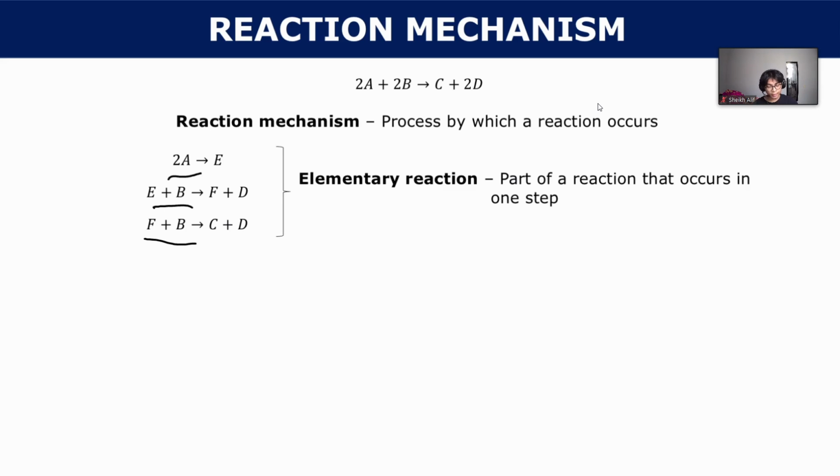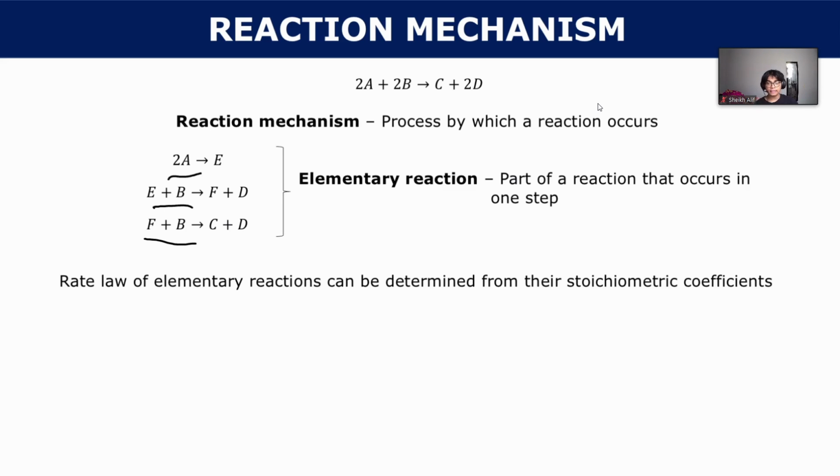A special thing about elementary reactions is that the rate law of elementary reactions can be determined from their stoichiometric coefficients. So remember, the overall rate law cannot be determined from the stoichiometric coefficients, but if we have an elementary reaction, then it can be determined from their stoichiometric coefficients.